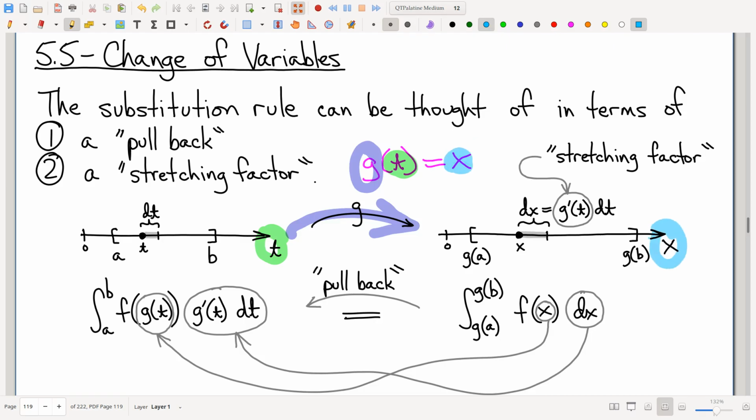T in, x out, and g is a function. So let's think of it as literally going from a domain written separately on the left to a target written separately on the right. And it's going to be very helpful to think of it in this way, unfamiliar though that may seem.